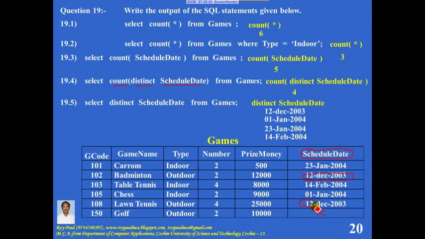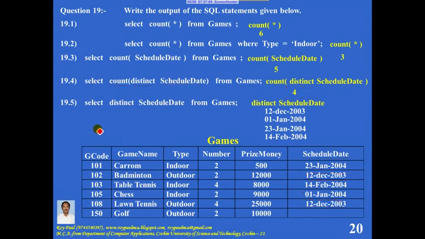So here there is a duplicate entry. 12th December 2003 comes 2 times. It will be counted only once. So the remaining items are 1, this is counted once, 2, 3 and 4. So here the answer will be 4.